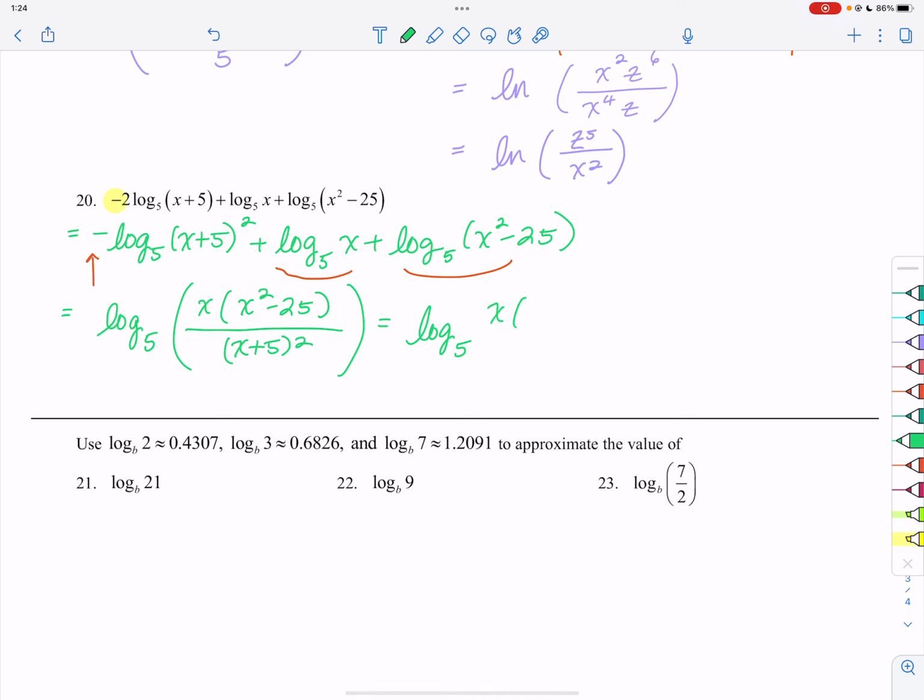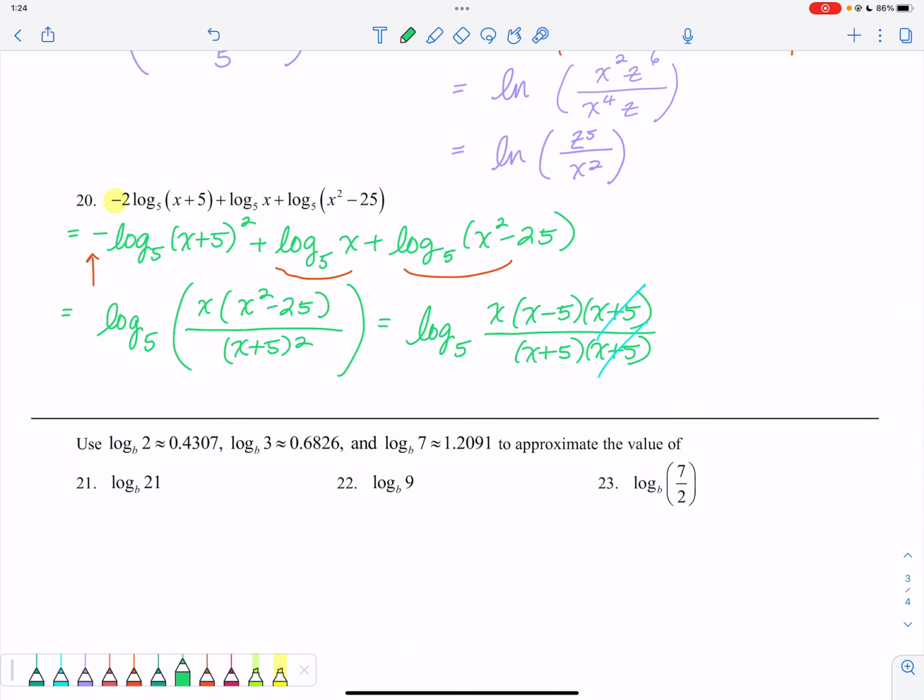We have x minus 5, x plus 5, all multiplied together, and with our x plus 5 multiplied by x plus 5. And now you can see that this is equal to the log base 5 of x multiplied by x minus 5 divided by x plus 5.